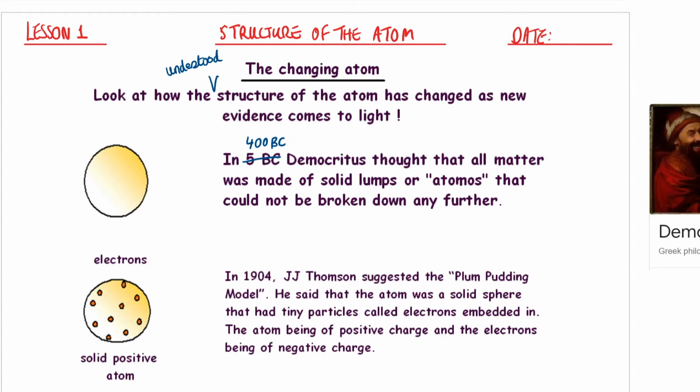But let's take a step back in time and see what we know so far, both in terms of our understanding and also how the structure of the atom has been discovered over the years. I'll just highlight as I'm reading. It says here, look at how the understood structure of the atom has changed as new evidence comes to light.